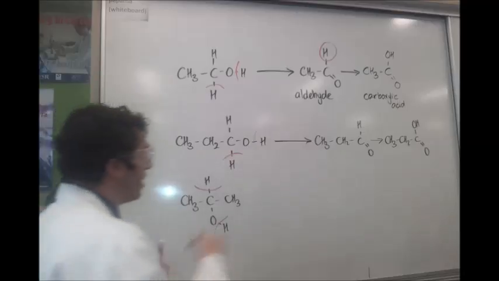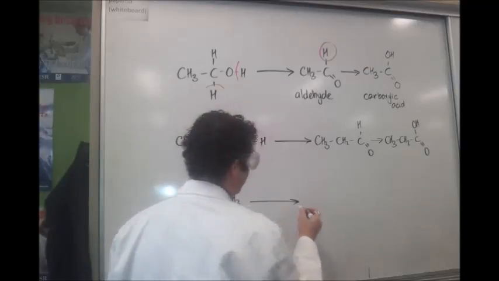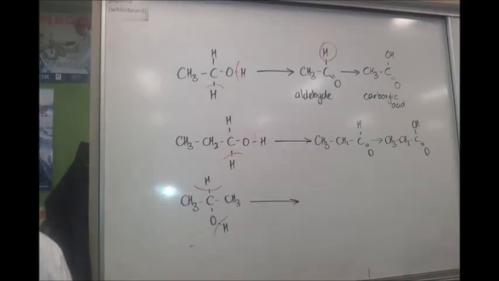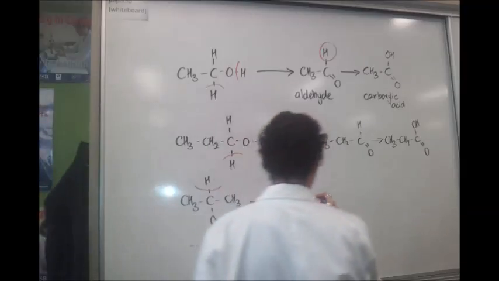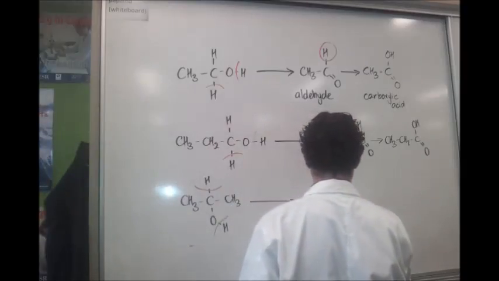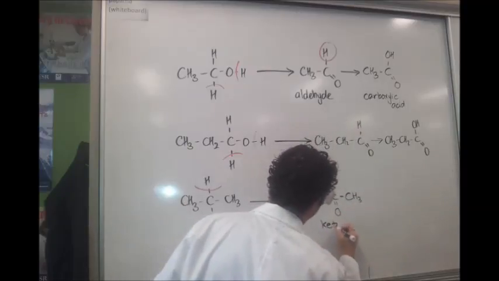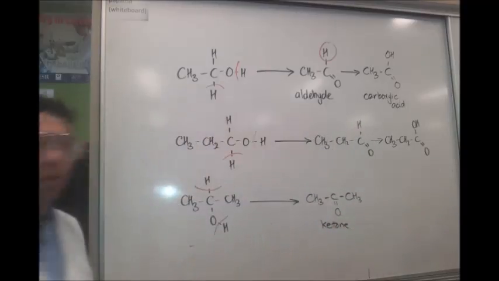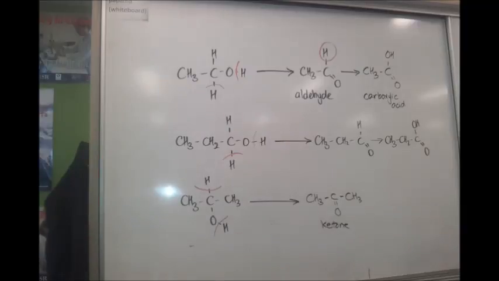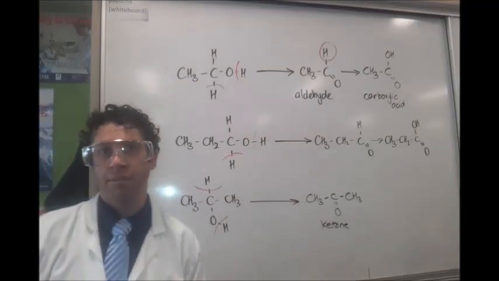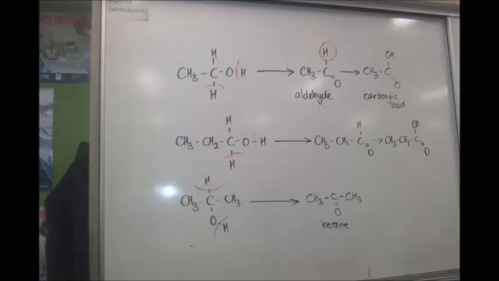So it will actually get the same observation. Purple permanganate will turn colourless or a pale pink, or orange dichromate will turn bluey green or green. And so I'll make this, which is a thing called a ketone, in this case propanone, also called acetone, which some of you might have heard of as a solvent for dissolving nail polish, for example.